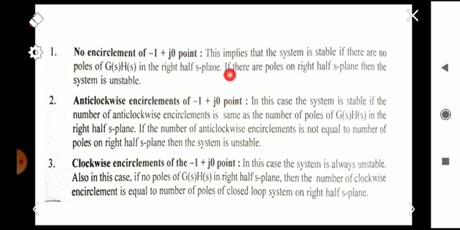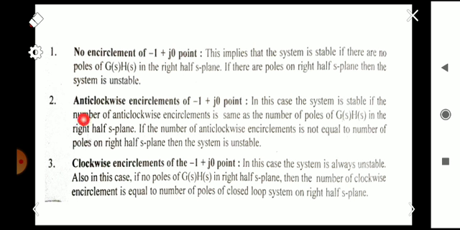That is, if you are not having any poles in the right half of the s plane, then the system will be stable. And if we are having poles in the right half of the s plane and the corresponding contour does not encircle the point minus 1 plus j0, then the system will be unstable. Okay, this is the first point.